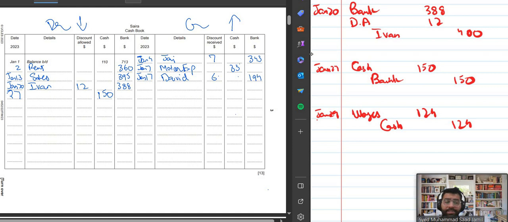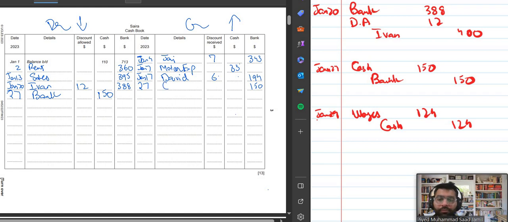Now, where is this cash coming from? This cash is coming from the bank. So because of the bank. Now think of it like this as well. Is money going out of the business as well? Yeah. Money is going out of the bank account, right? So in the bank account, we wrote 150 as well, 27th. But why is money going out of the bank account?